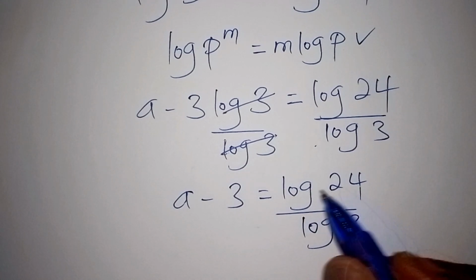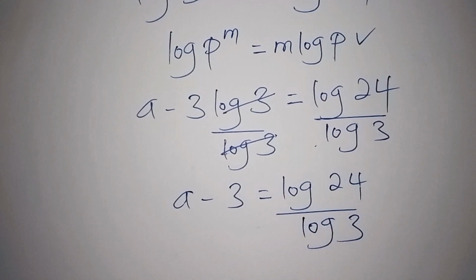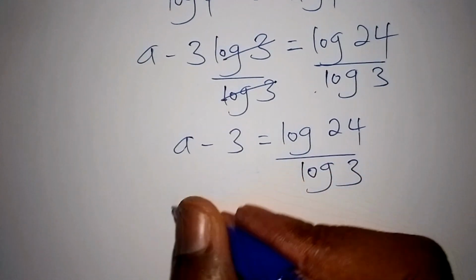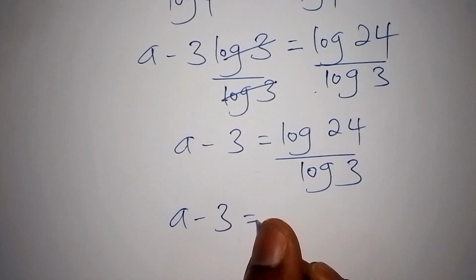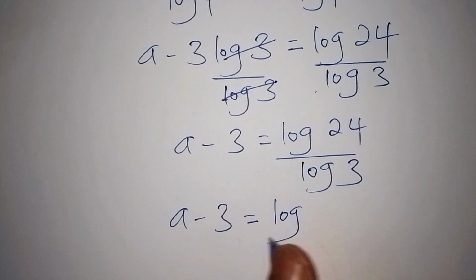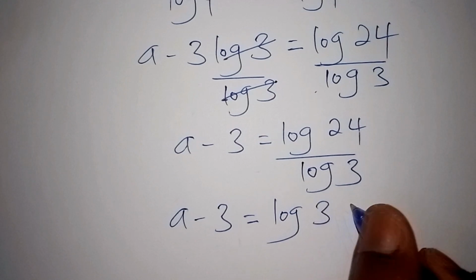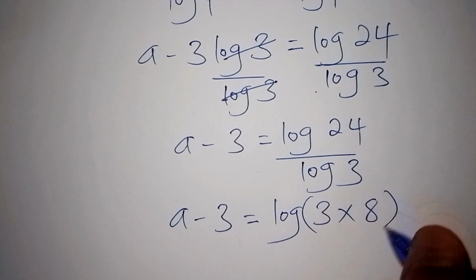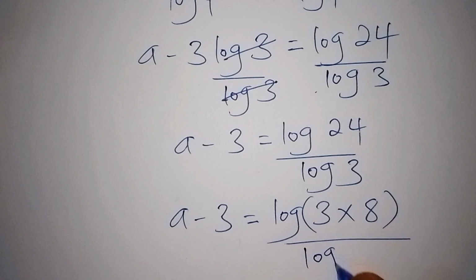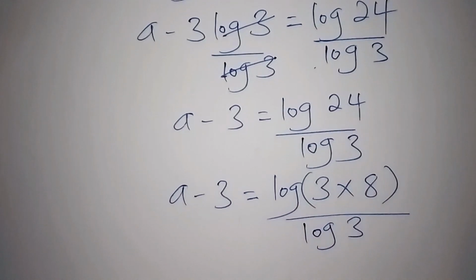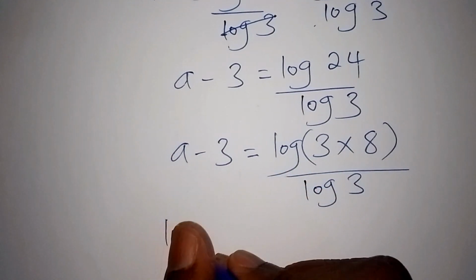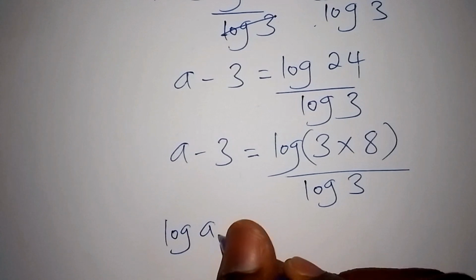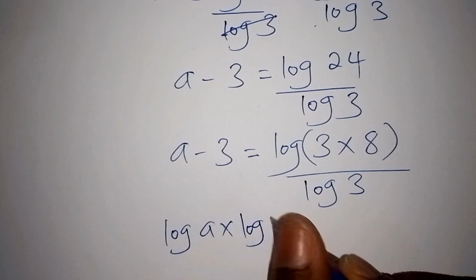So the next step is to simplify this problem, whereby we shall now have a minus 3 is equal to the log of 24, which can be written as the log of 3 multiplied by 8, all over the log of 3. So assume we have the log of a multiplied by b.